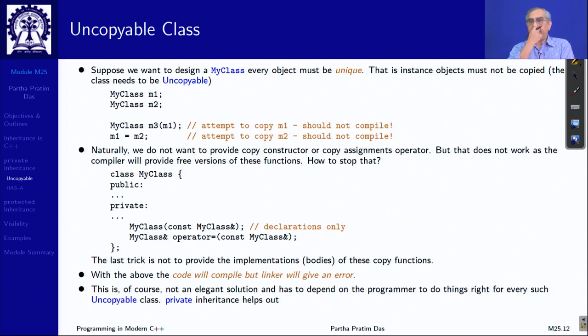So, here I talk about a class where I want to design my class, and the property that I want is that the objects must be unique. Scott Meyers' book uses a different real world example, but suppose I am trying to model a boutique of, say, fashionable dresses. A good boutique designer like Sabyasachi will say that every piece that is designed is unique.